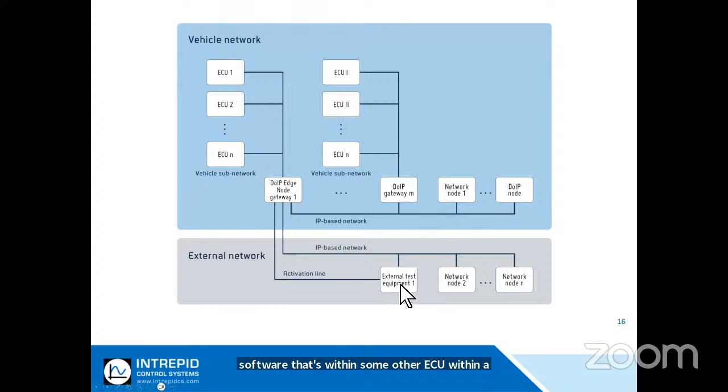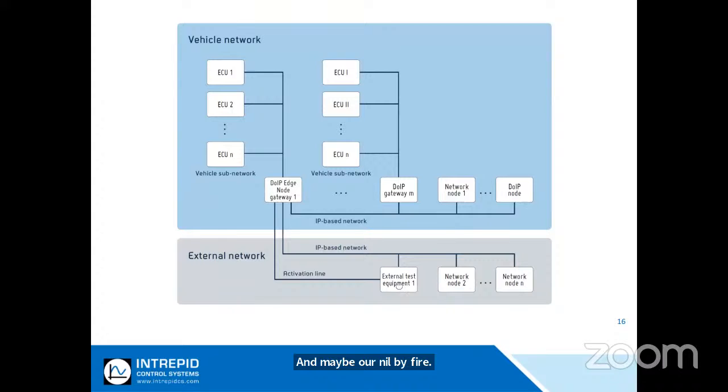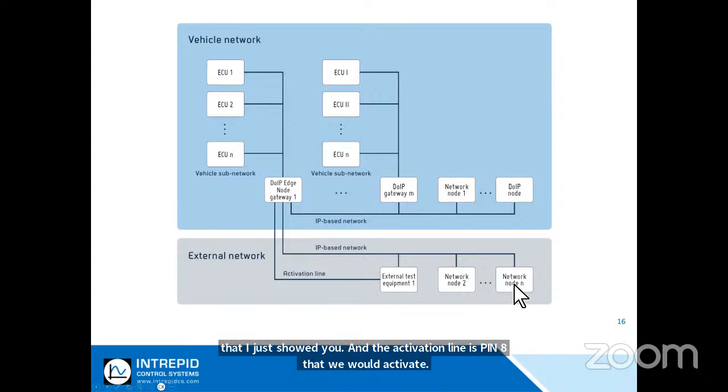And maybe our neoVI Fire 3 or some other product, whatever test tool that you have, would actually be this external test equipment 1. And so then we're hooked up to this IP-based network. That's really those 4 pins that I just showed you. And the activation line is pin 8 that we would activate. Now notice it has network node 2 and network node N.